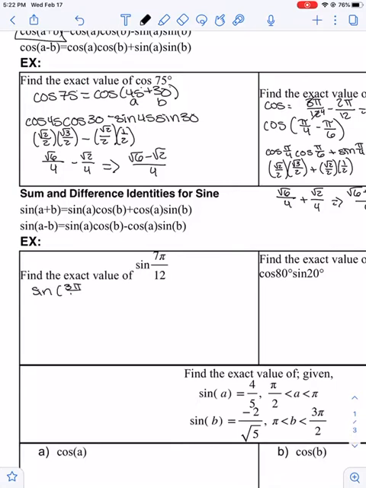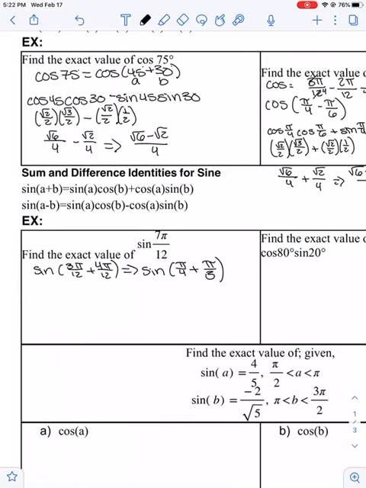So if I have the sine of 3 pi over 12 plus 4 pi over 12, I would get the sine of 7 pi over 12. And then if I look at simplifying these, I get the sine of pi over 4 plus pi over 3.